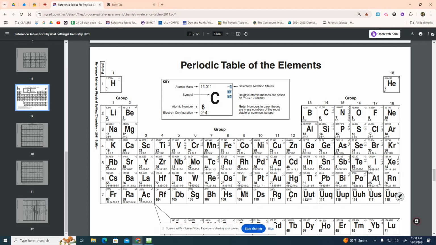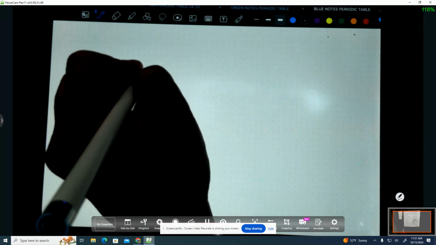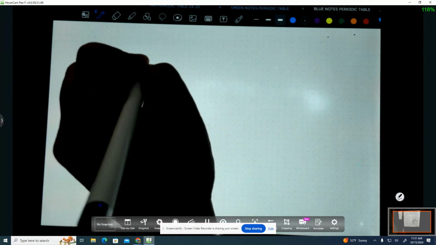So there are trends that we're going to see on the periodic table that are happening over and over again. The first one we're going to look at is atomic radius. Now, with radius, I already told you today how you measure it. It's going to go from the nucleus, that's all I drew, a little dot, to the outermost ring.